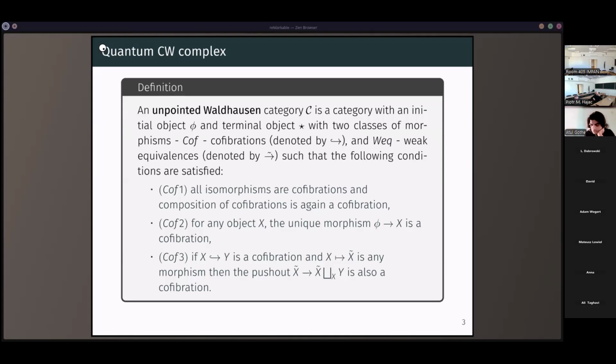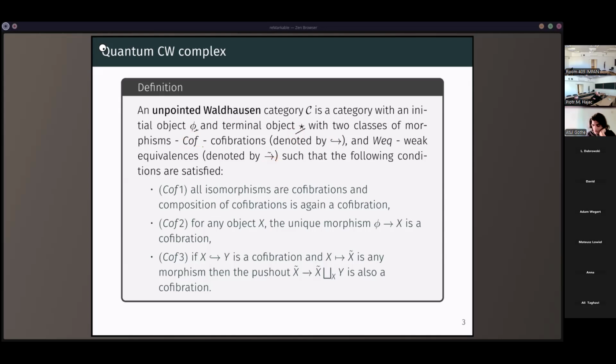An unpointed Waldhausen category C is a category which has an initial object phi and a terminal object star, such that we have two classes of morphisms: cofibrations, which are denoted by inclusions, and weak equivalences, which are denoted by arrows with a tilde on top. A few conditions need to be satisfied.